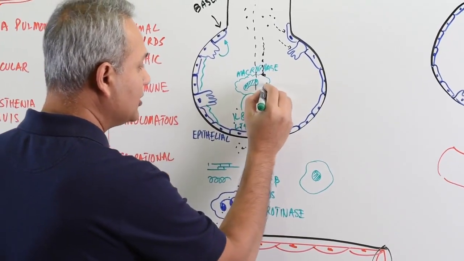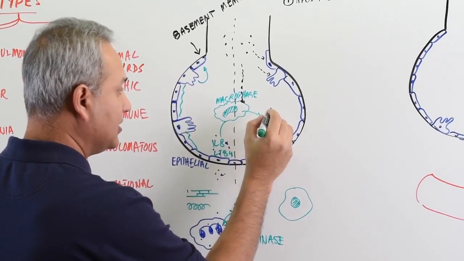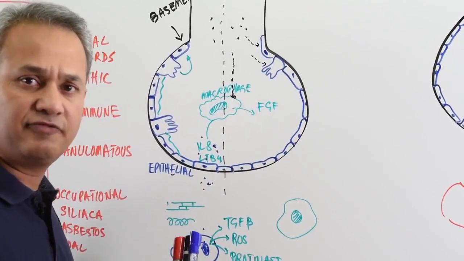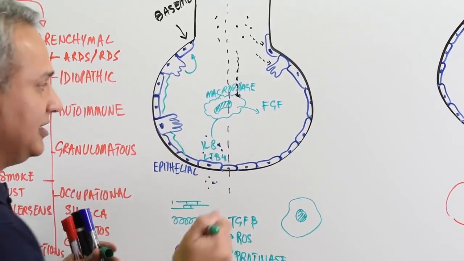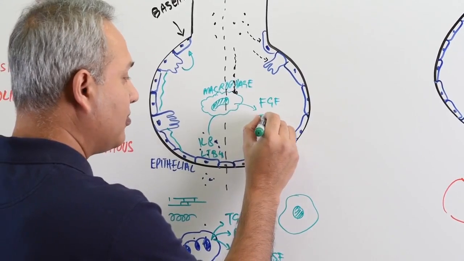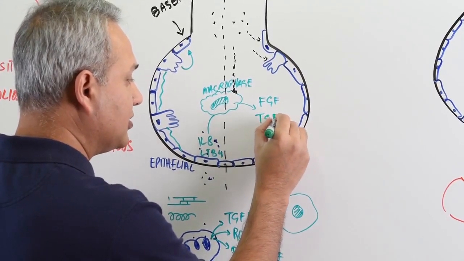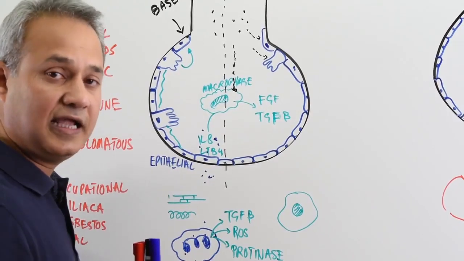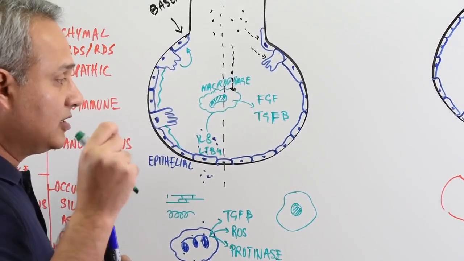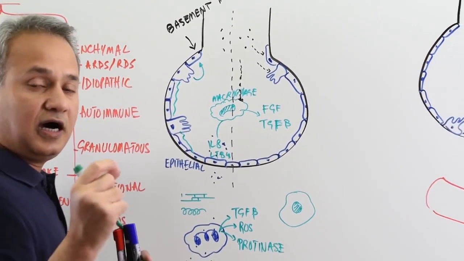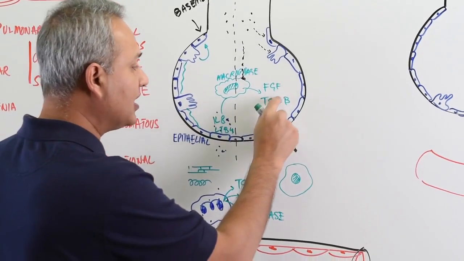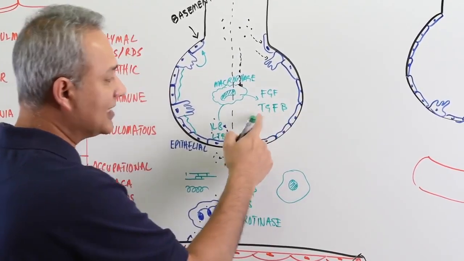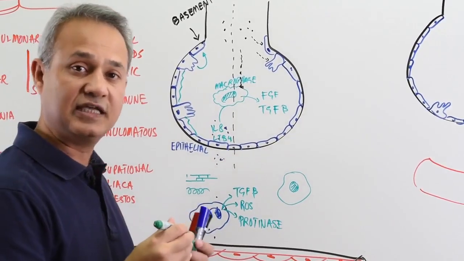Meanwhile, the macrophage would also release the fibroblast growth factor. These are just the inflammatory factors, right? So there's nothing magical here. The transforming growth factor beta is really important, and nowadays the latest treatments are focused on forming drugs that can block the TGF beta's effect.